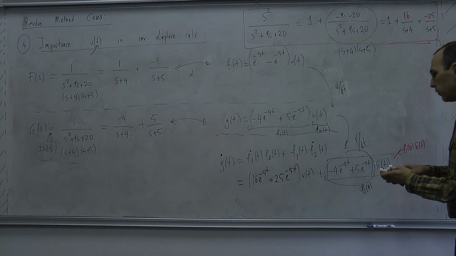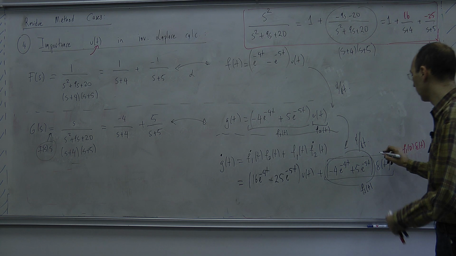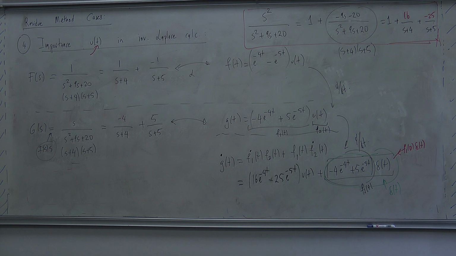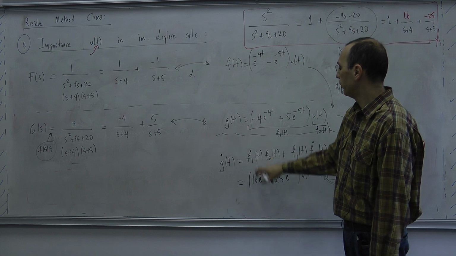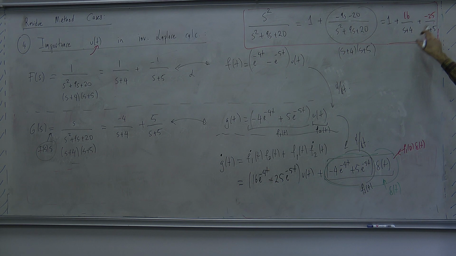So at the end, we get the following. This term also becomes delta of t. Now, if you take the Laplace transform of this, you get this term, you get this term, and delta t is also present as 1 in the Laplace transform relation.